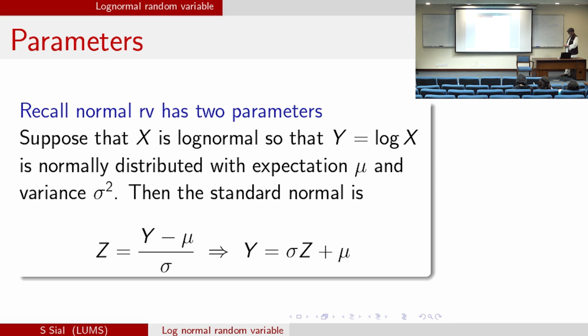So if y is normal, and then you subtract off mu and you divide by its sigma, that gives you the standard normal. Okay? So if I want y in terms of the standard normal, then y is equal to sigma times the standard normal plus mu. Is that okay?